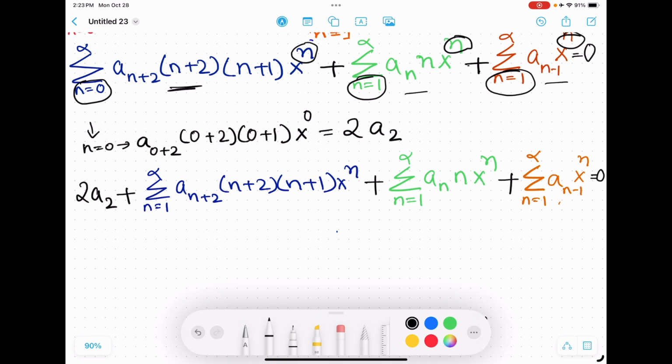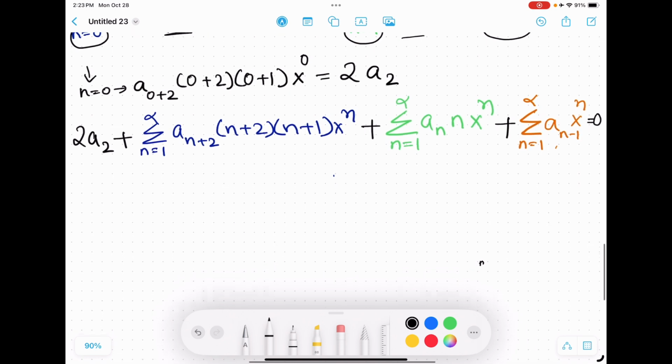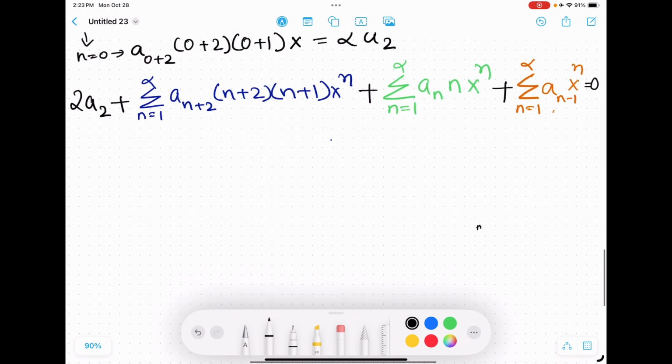Now I can see that both my powers of x and my starting index are all the same. So I can perform my fourth step, which was combining all these three series into one. So I have 2a sub 2 plus the summation n equal to 1 to infinity.